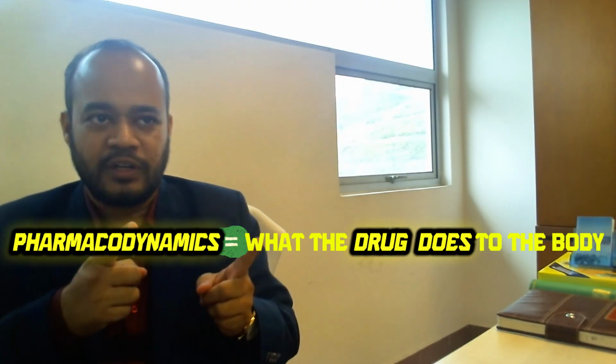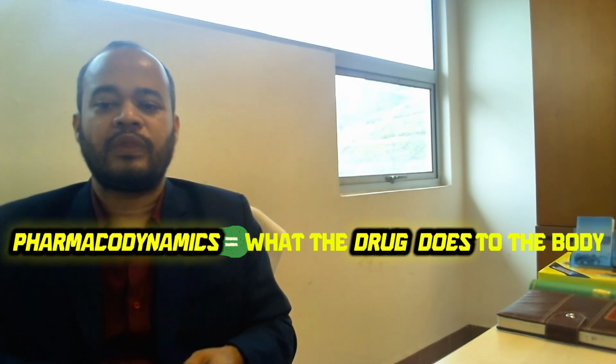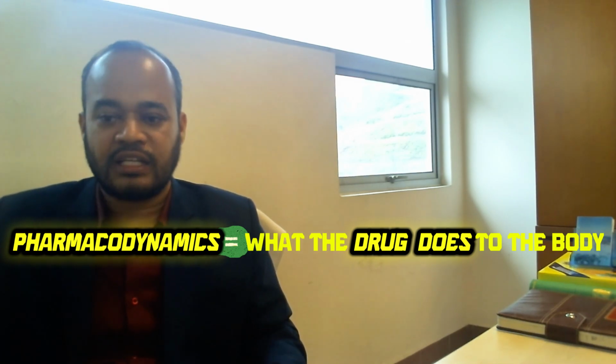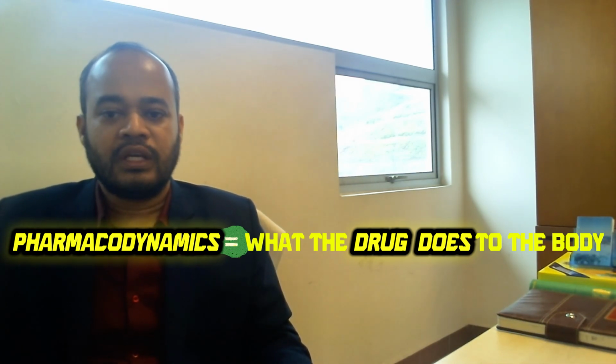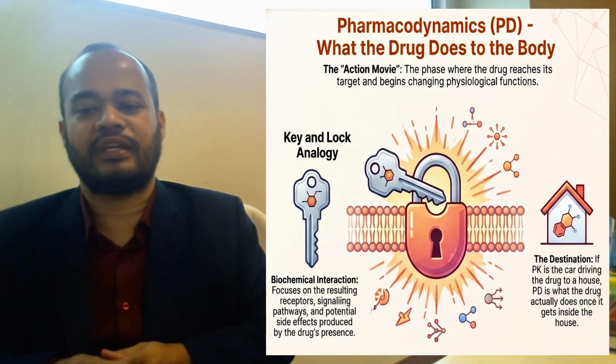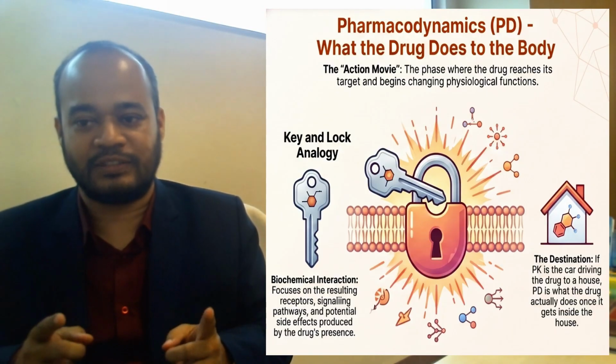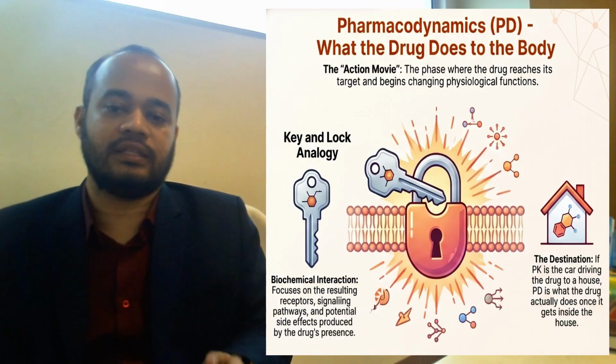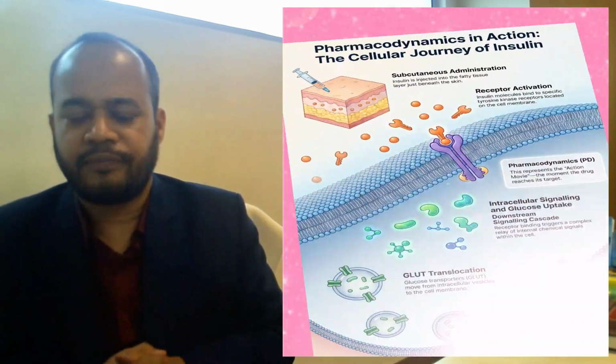So pharmacodynamic equals what the drug does to the body. Think of receptor, signaling, side effect. If pharmacokinetic is the car driving the drug to the house, pharmacodynamic is what the drug does once it's inside the house.